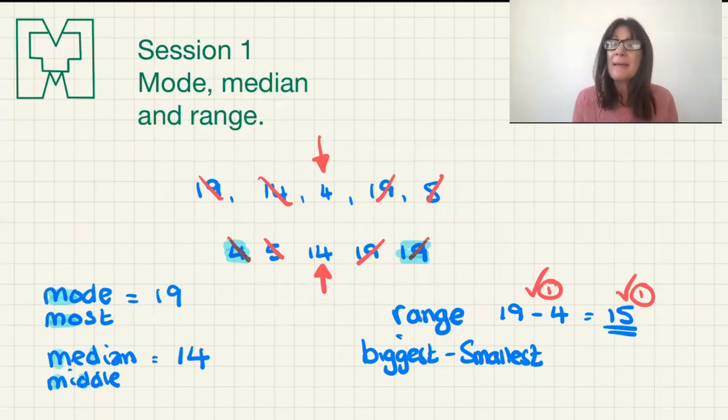So you may be able to use that as a connection. But as you can see, when it comes to the range, we don't quite have that kind of link, which makes that one a little bit harder for us to work out a way to remember it. So what I want you to do is to pause this now so that you can make any notes that you want to make. And then when you're ready, press play for me.